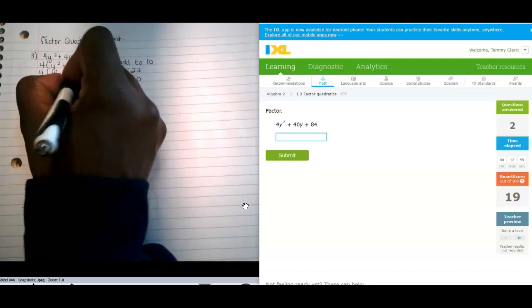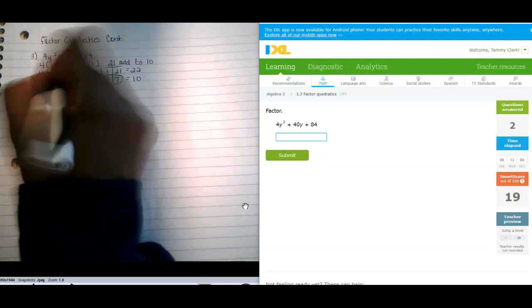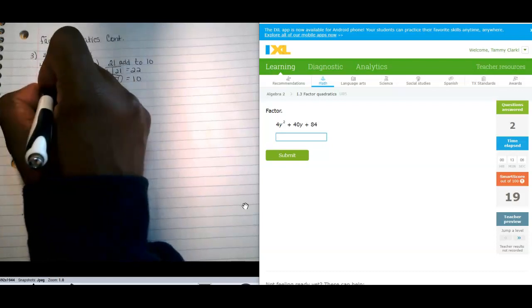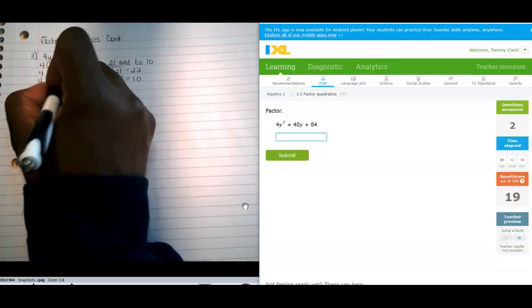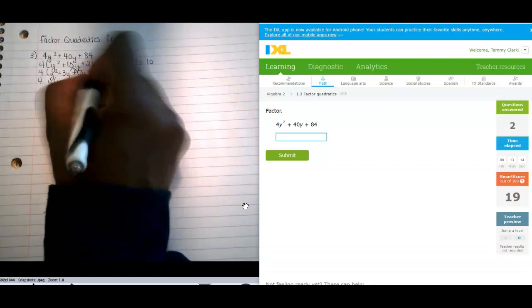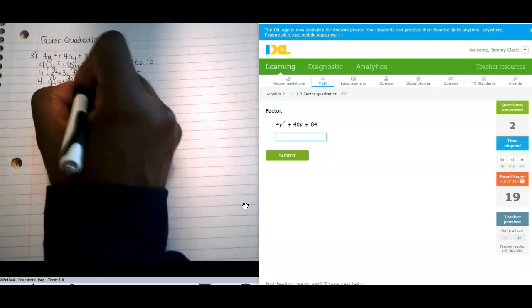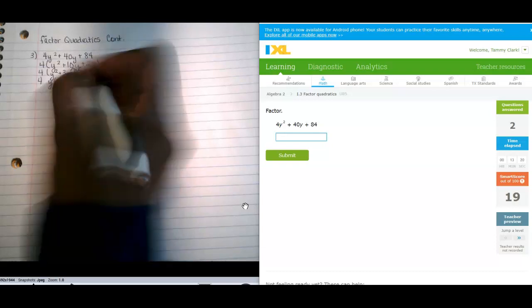Now we're going to group these together, and I'm left with, of course, my 4. Then I bring out y, because y is common to both terms, and I'm left with y plus 3. Then here, 7 is common to both terms, and when I factor that out, I'm left with y plus 3.